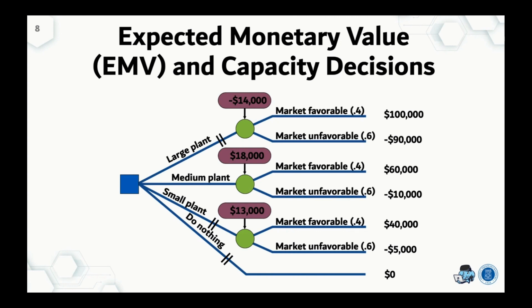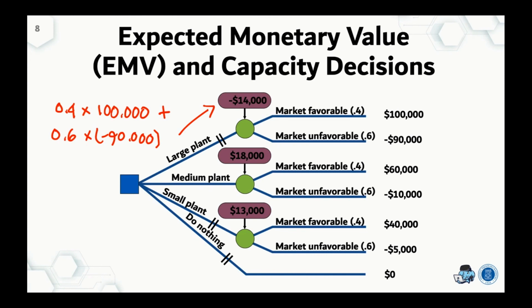We can calculate this by multiplying the probability 0.4 by 100,000 in this case, plus 0.6 when the market is not favorable multiplied by minus 90,000. So this equals minus 14,000.